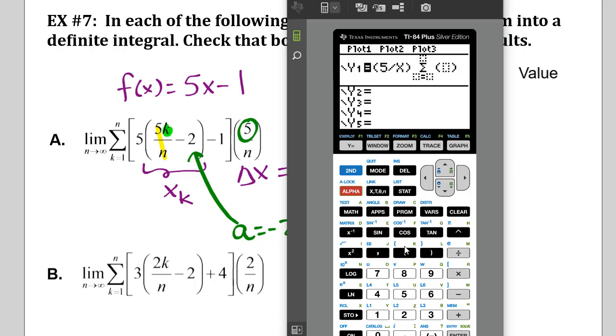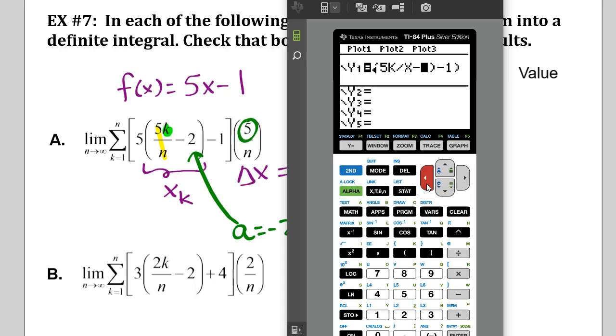We've got alpha k equals 1 to n. We're using variable x there. And what we want to look at is 5 times 5k over n, not quite done, and we're going to say minus 2. I'm going to close parenthesis on that and then say minus 1.